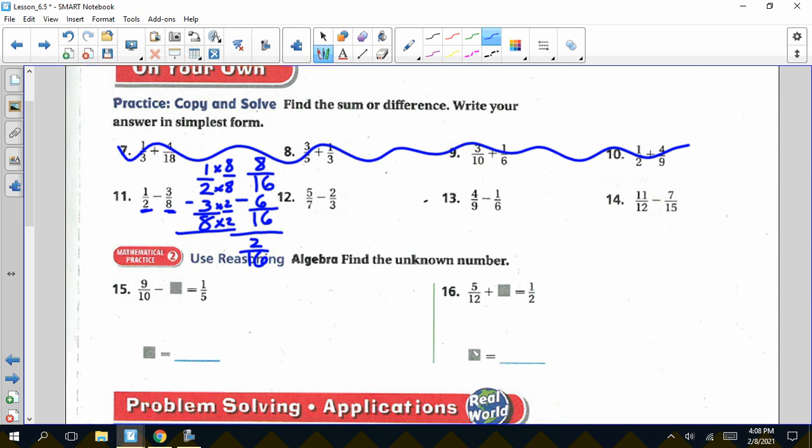Before we're done, we have to think, what can go into both 2 and go into 16? And that is 2. 2 goes into 2, and 2 also can go into 16. So if I divide the top by 2 and the bottom by 2, we get back to that answer of 1/8. And that is in simplest form.